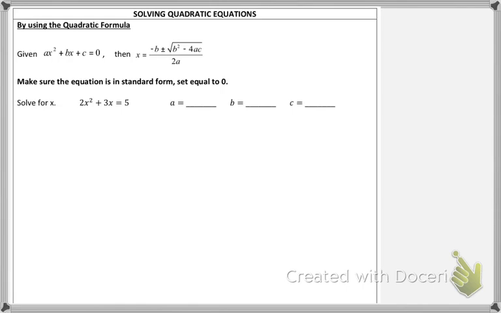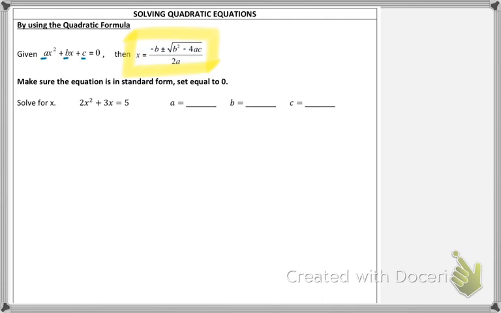X is always going to be equal to negative b, so we can identify our a, b, and c values from standard form, but x is always going to be equal to negative b plus or minus the square root, because remember we said if we take the square root, it's always a positive or negative value. The square root of b squared minus 4ac, all divided by 2a. So using this formula, we can find the x-intercepts of any quadratic. But we gotta make sure that your equation is in standard form and that it's set equal to 0.